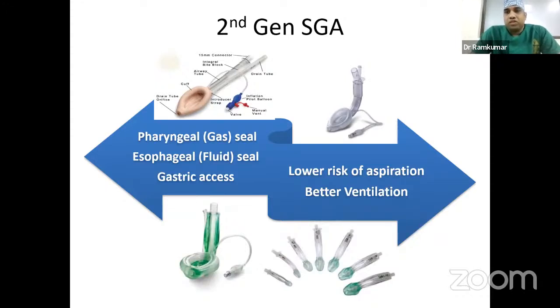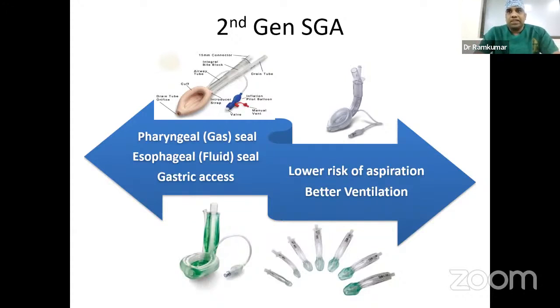At the same time, they have drain tubes, so they can aspirate the gastric contents. And the esophageal seal, that is the tip of the mask, rests on the upper esophageal sphincter. It forms a bulk space here and causes mechanical obstruction of gastric contents. And with the facility of a gastric tube, where we can pass a nasogastric tube and aspirate the gastric contents, you can reduce the chance of aspiration.